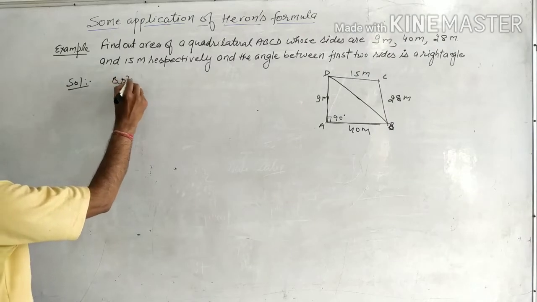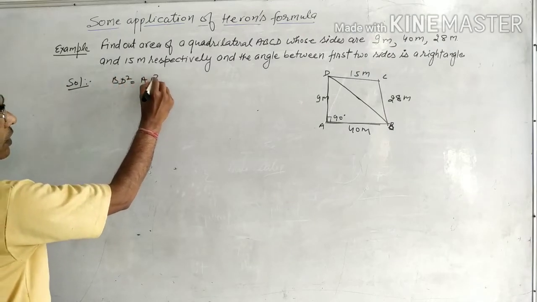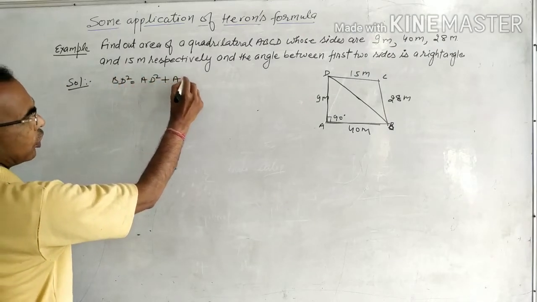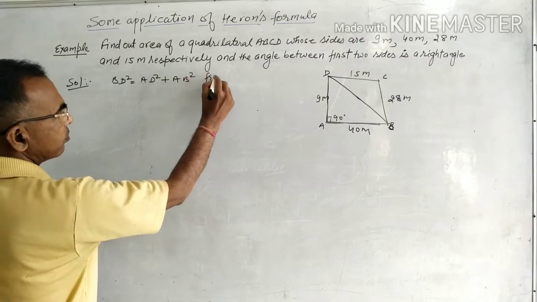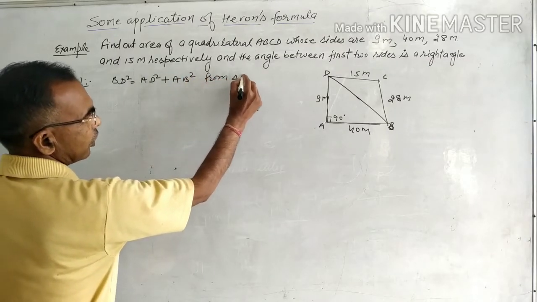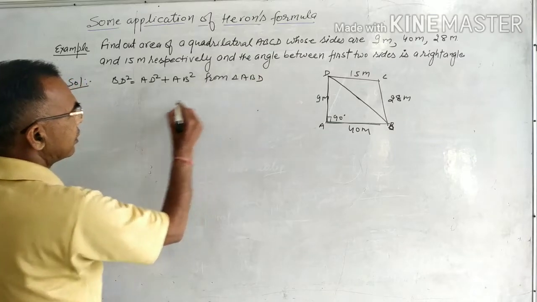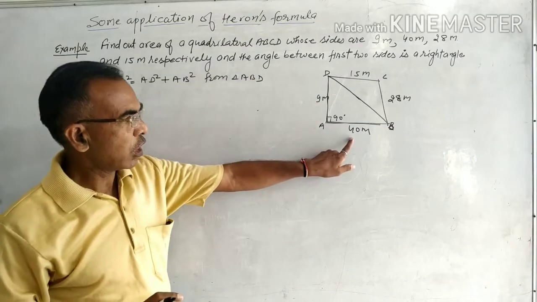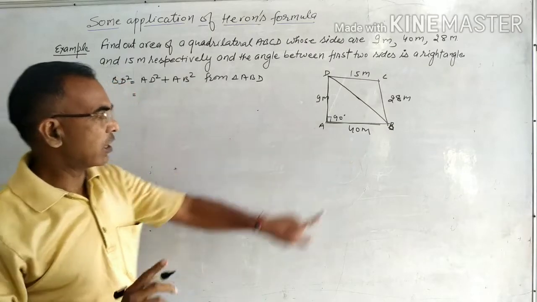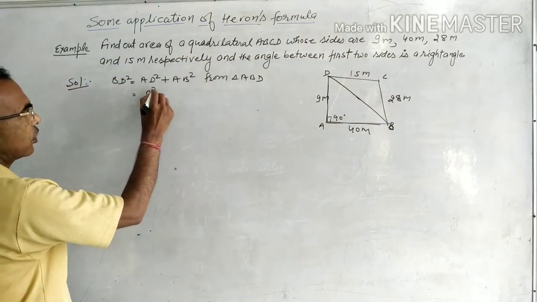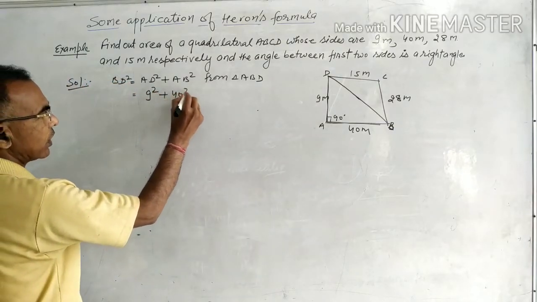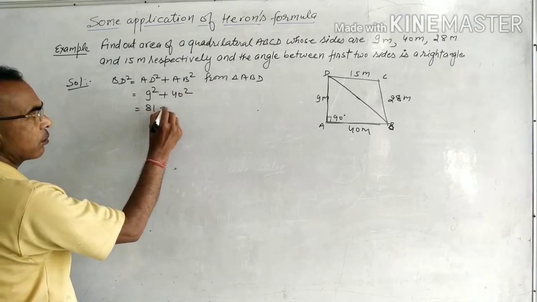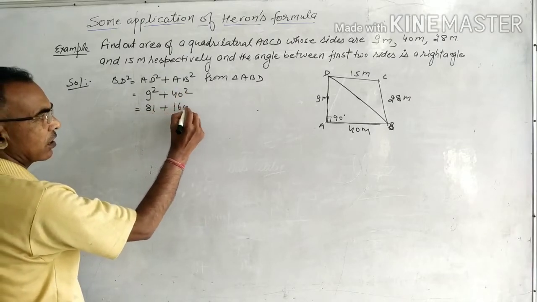BD square equals AD square plus AB square, from triangle ABD. AD is 9, AB is 40 meter. 9 square plus 40 square, this is 81 plus 1600.